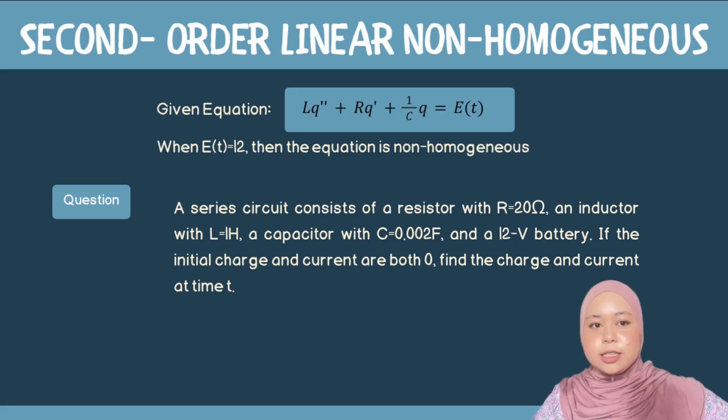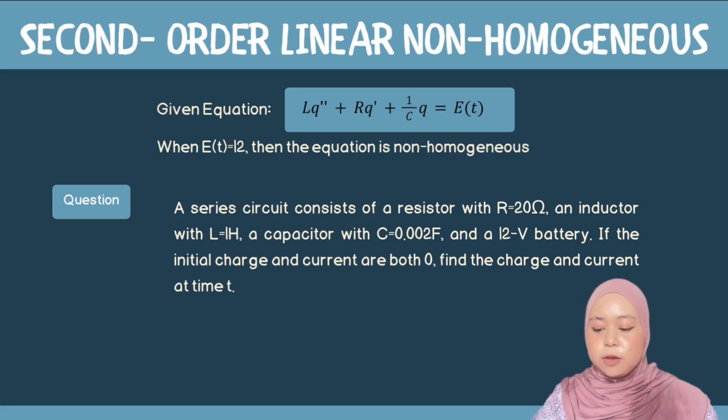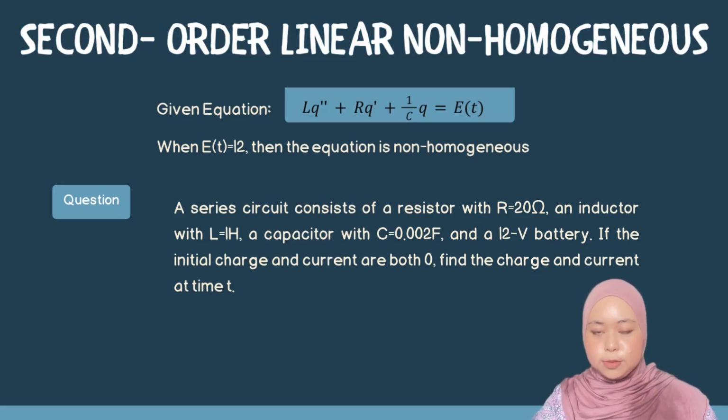So the question is, the series circuit consists of a resistor with R equals 20 ohm, an inductor with L equals 1 H, a capacitor with C equals 0.02 F, and a 12 volt battery. If the initial charge and current are both 0, find the charge and current at time t.